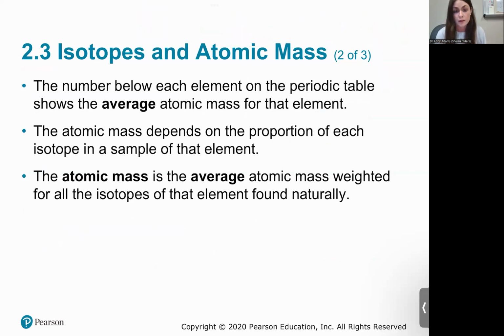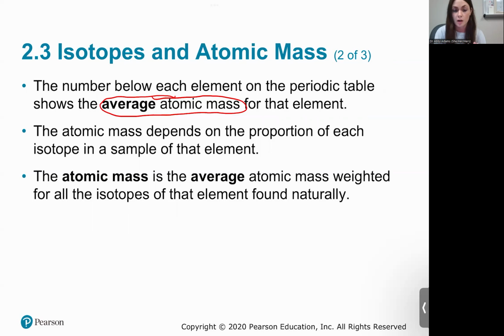So the number below each of those elements on the table shows the average atomic mass. So you know that the mass number can change now. What you see on the table is that decimal. That is the average atomic mass, because you notice it doesn't just say 12. So I'm going to show you what that means. The average atomic mass depends on several different isotopes.